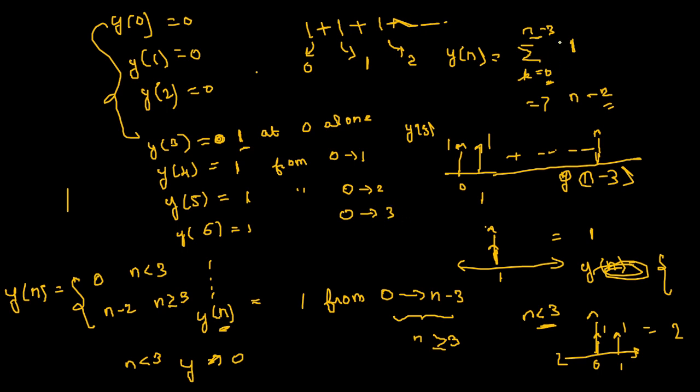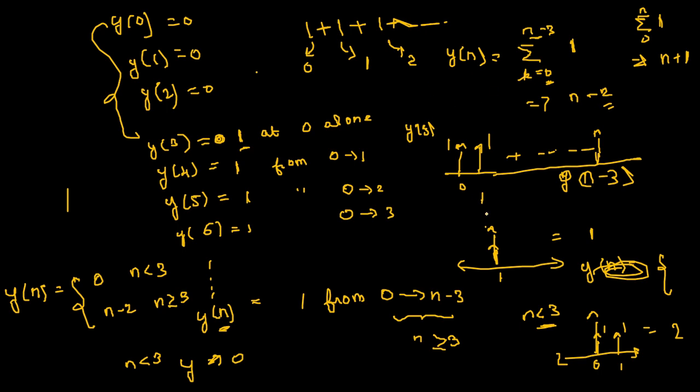The formula for summation of ones from 0 to a particular integer, let's say 0 to n, is n plus 1. Since we are adding from 0 to n minus 3 here, we get n minus 2. That is the generalized expression for y of n.